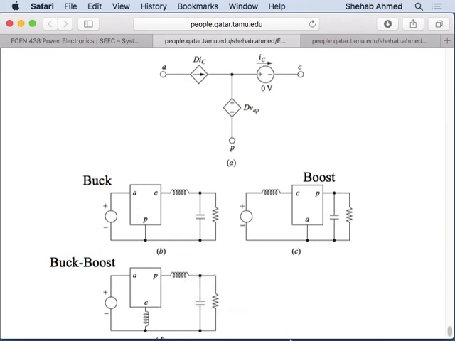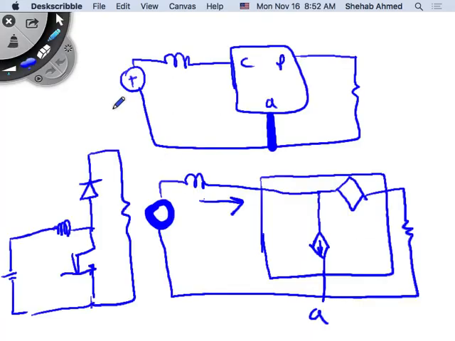The current here is what? If this is a switch, this is a diode. They drew it in a funky fashion, actually. I don't like the way they drew it, honestly, but let's see what they did. Here's what they said: this is D times the IC, which is this. This is IC, correct?